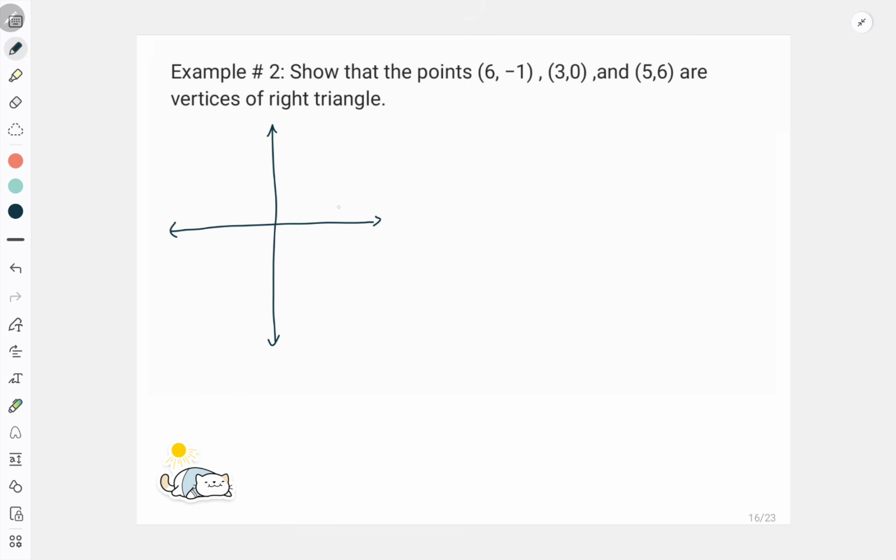So you have negative 6, negative 1, so let's just estimate, 3, 0, and 5, 6.